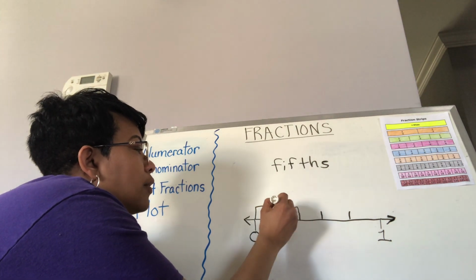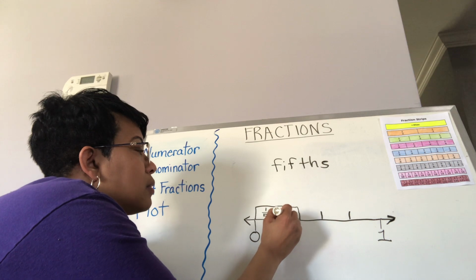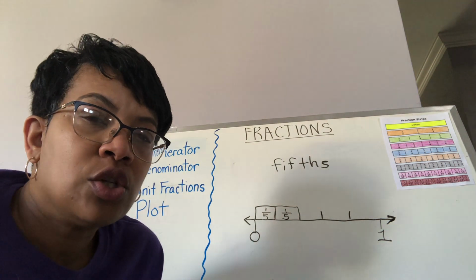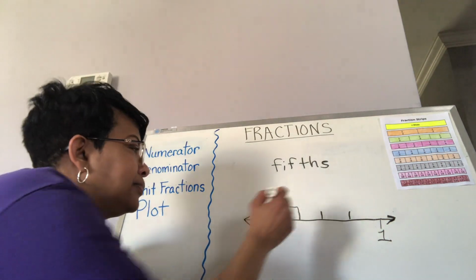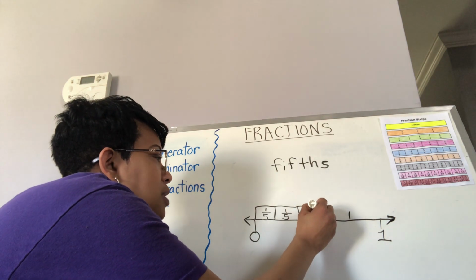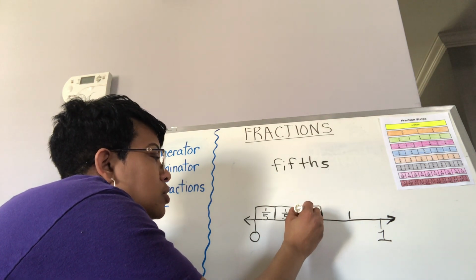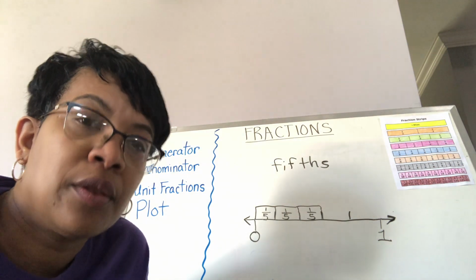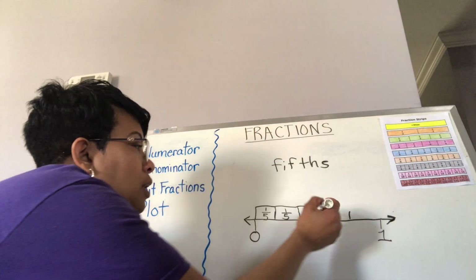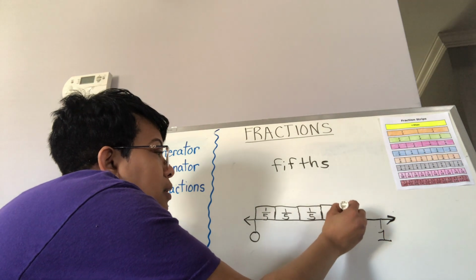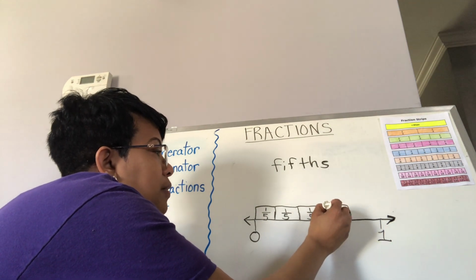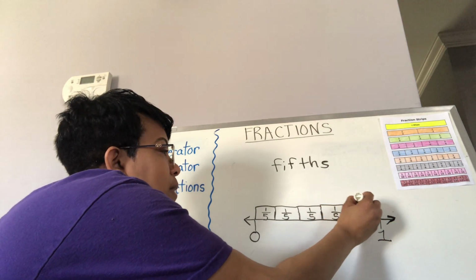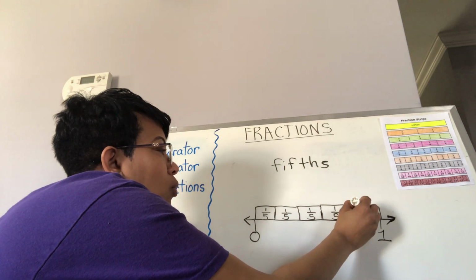This would be another 1/5. We're showing each unit at a time. This would be another 1/5, which so far, how many do I have? 3/5. Very good. This would be another 1/5. And this is my last one. 1/5.